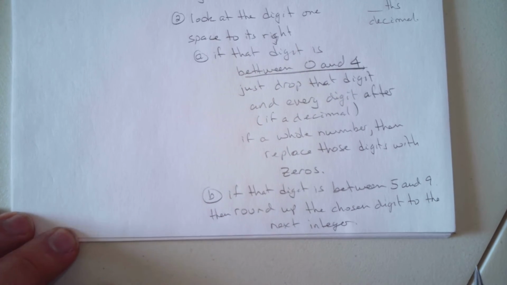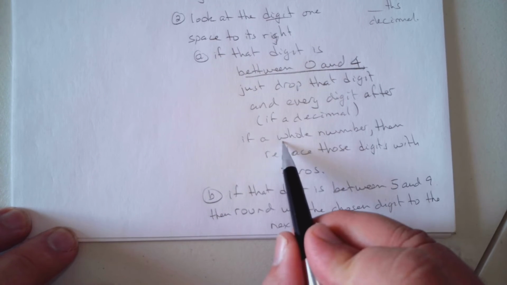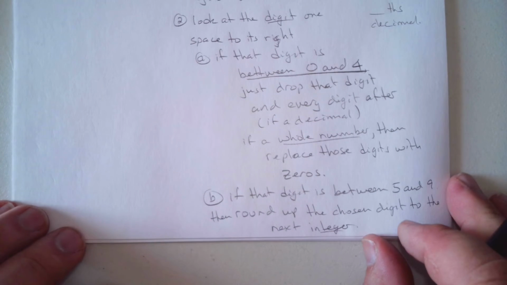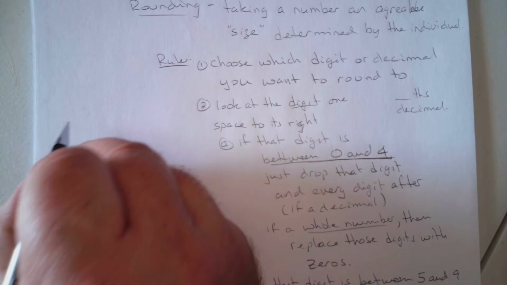We're using a lot of words there: digits, whole numbers, integers. Let's look at what we mean by these things.